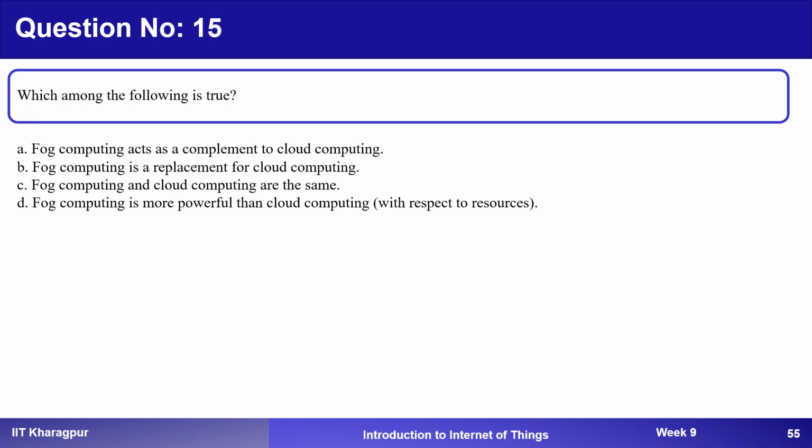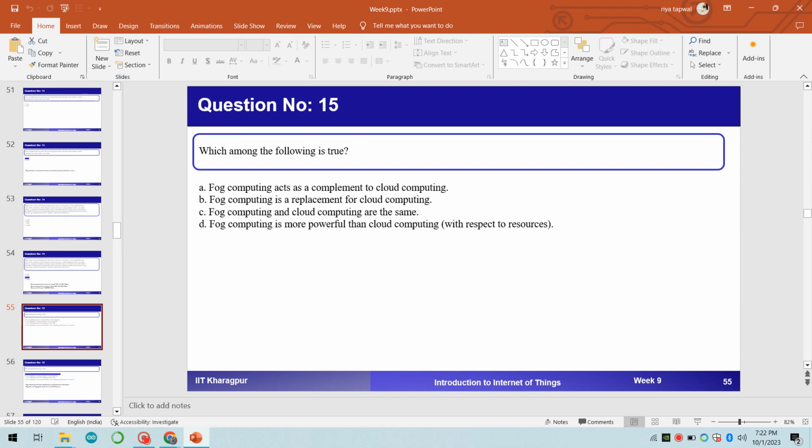Next question is, which among the following is true? Option A is fog computing acts as a complement to cloud computing. B is fog computing is a replacement of cloud computing. C is fog computing and cloud computing are the same. D is fog computing is more powerful than cloud computing.